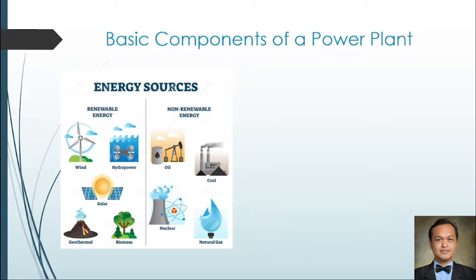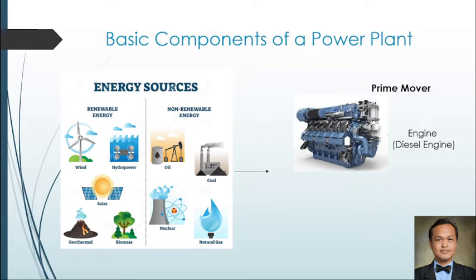Solar power has no prime mover. But most sources of energy will move the so-called prime mover, which are the motors or engines. One example of a prime mover is the diesel engine, used in a diesel power plant, or a gas engine, used in a gas power plant or natural gas power plant.